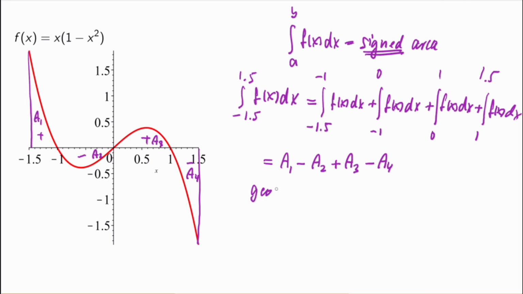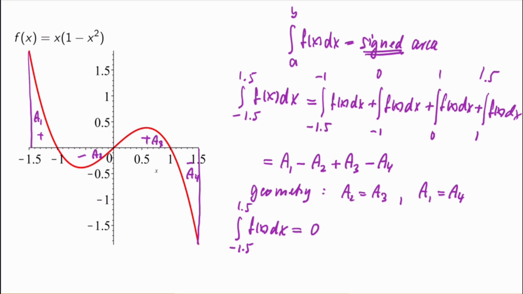By geometry, we find that actually A2 and A3 are the same size, as are A1 and A4. But you subtract them in the above formula. So meaning the integral, which I had here, from minus 1.5 to 1.5 of f of x dx, is actually equal to 0.